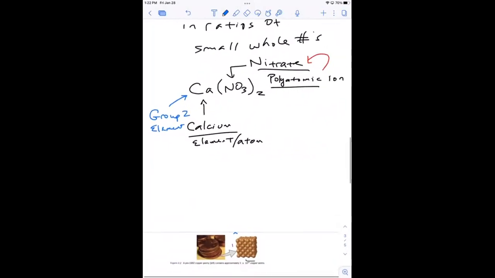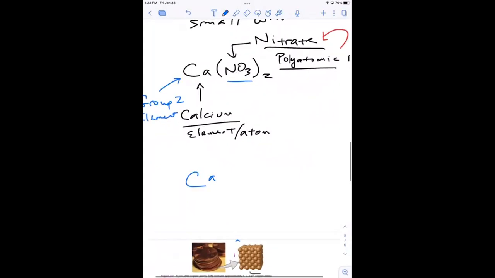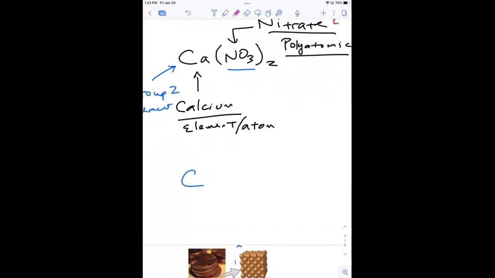And then the nitrate, we'll talk more about that later, but it's composed of, in this particular case, 1 nitrogen atom and then 3 oxygen atoms bonded together in a specific way, right? But it's charged, and I'll show you. So calcium is group 2, so that means that any time you have calcium, it's going to have a charge of +2.